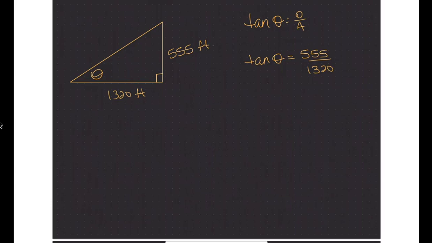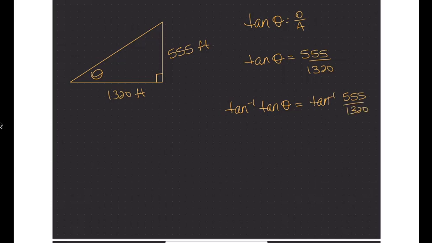So we want to get that theta all by itself, so we have to get rid of the tangent. In order to get rid of it, you multiply by the inverse. So you're actually doing the tan inverse of tan theta equals the tan inverse of 555 over 1,320.